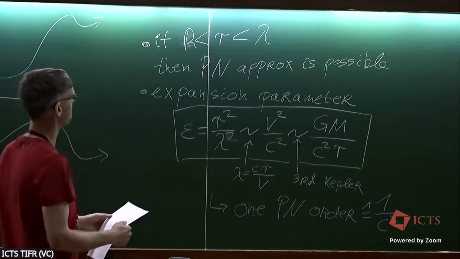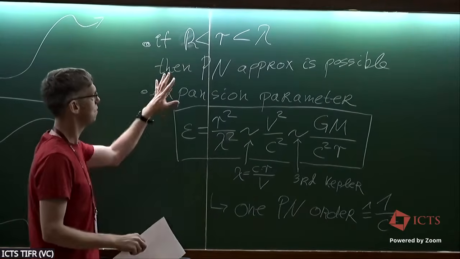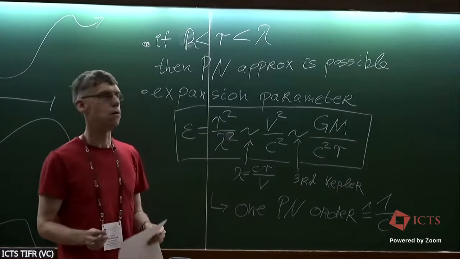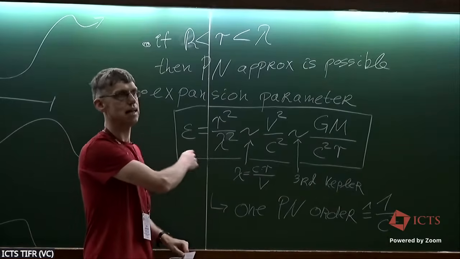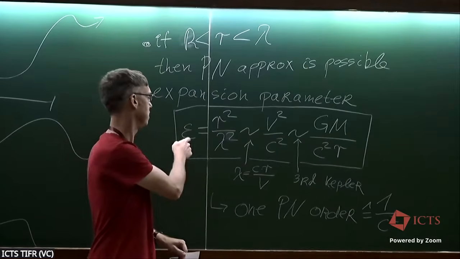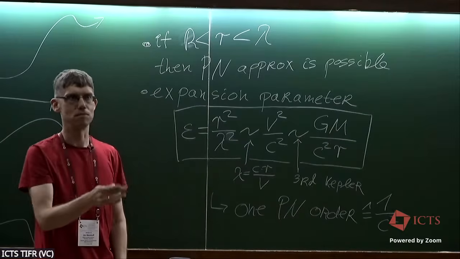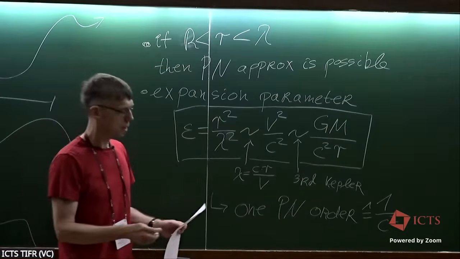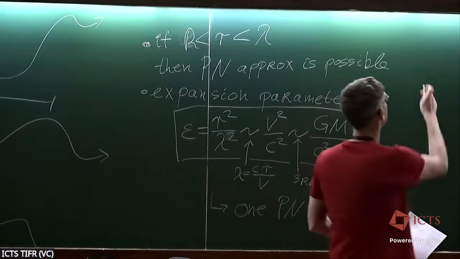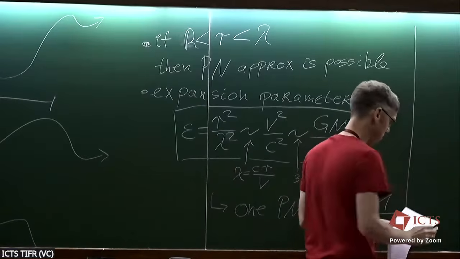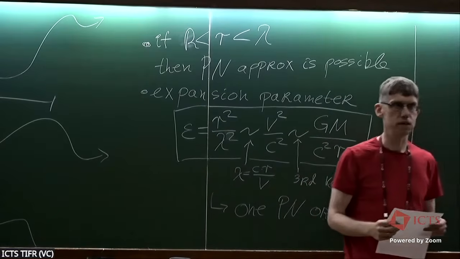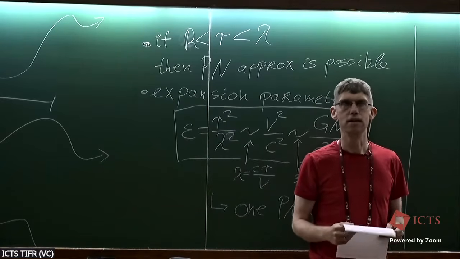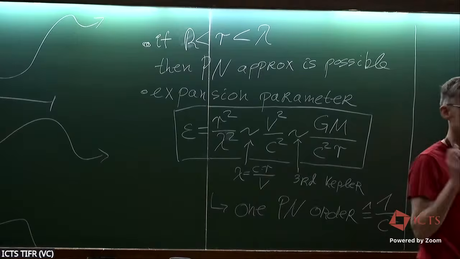Okay, so that sets the overall stage for the PN approximation. And now you could just go ahead and expand the Einstein equations in this small parameter, and this will give you some approximation scheme and some results. But it has become more and more common recently to apply effective field theory techniques, which are particularly prominent in quantum field theory and particle physics, to this problem, right?